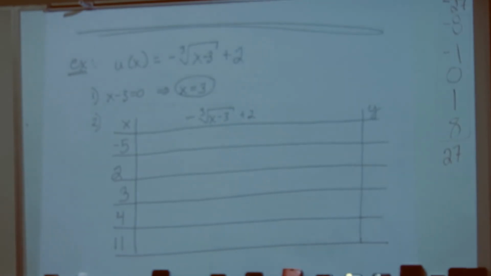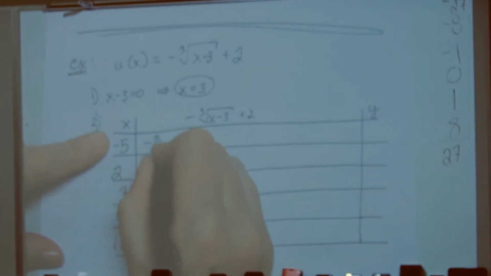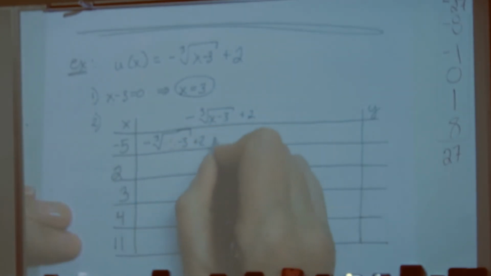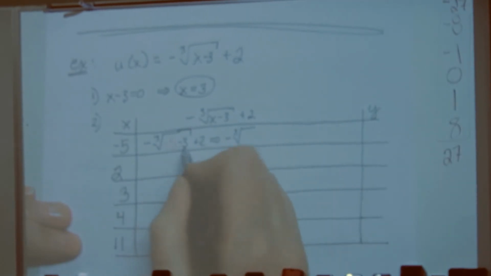All right, so you found your values. Awesome. All it is now is plug and chug into every single line. All right, here we go. I have the negative cube root of -5 minus 3, plus 2. -5 minus 3 should give me what? A -8.